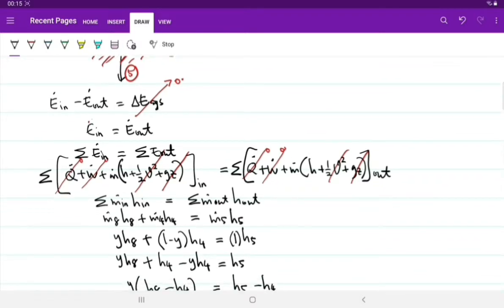And then we can start putting in all the necessary terms for energy in and energy out. Okay, remember energy can be transferred by Q, by W, and by m theta, where theta is the enthalpy plus kinetic energy, half V squared, plus gz.